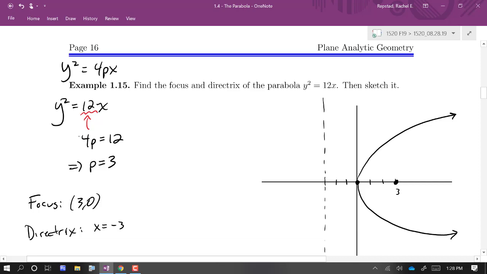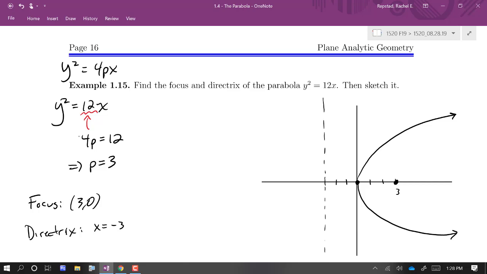Joe, did you have a question? Yeah, so that doesn't really tell you how acute the parabola is though, right? Oh, you can plug in for another point, right? Yeah, depending on what p is, if I pull the focus out further or push it closer to the vertex, it'll open wider or narrower.